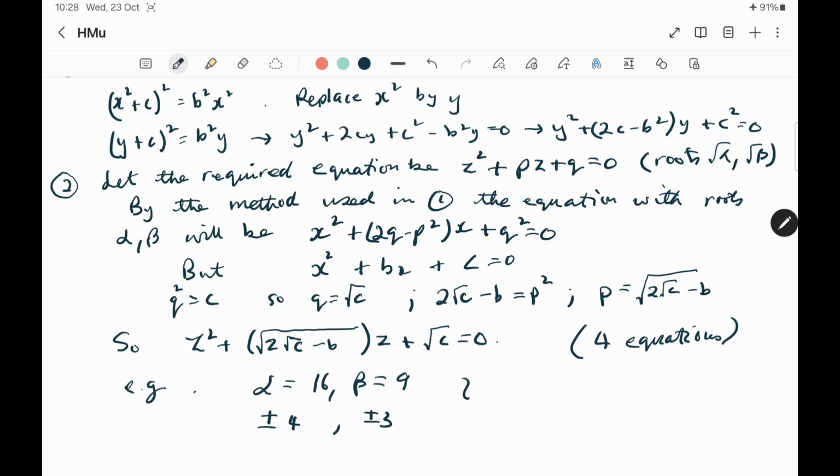So that would give us 4 possibilities of solutions: 4, 3; 4, minus 3; minus 4, 3; and minus 4, minus 3. And that would give us 4 equations.